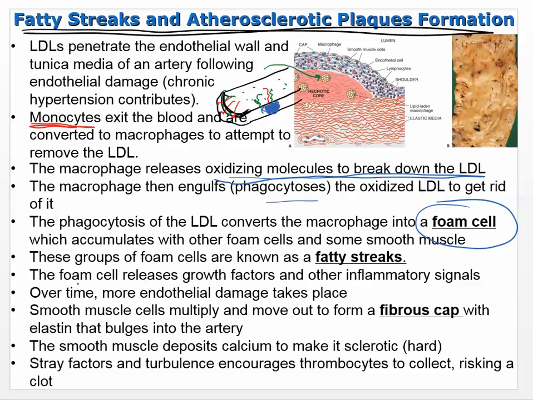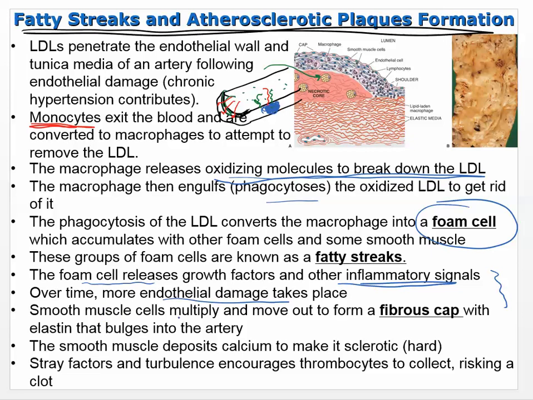So the foam cell that was formed from those macrophages releases growth factors and other inflammatory signals, and over time, more endothelial damage takes place. This is the progression of that. Now remember that medial layer, the tunica media, that had all the smooth muscle cells?